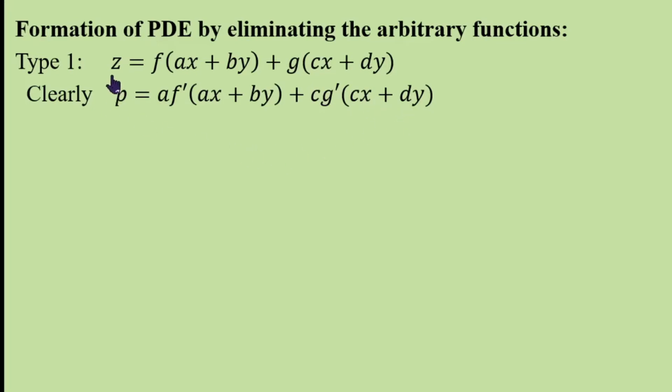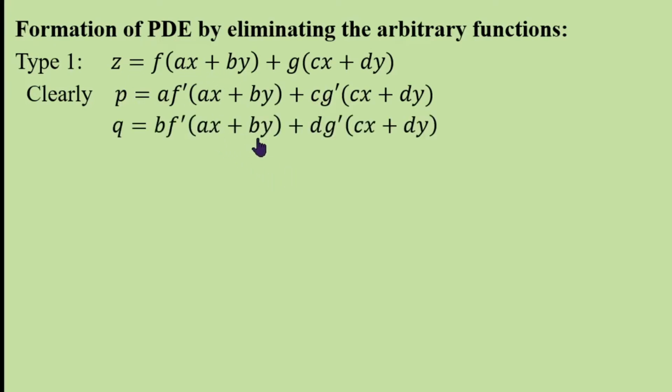And similarly, when you differentiate z partially with respect to y, q equal to b into f dash of ax plus by plus d into g dash of cx plus dy. Since there are two arbitrary functions, second order partial derivatives are required, and hence differentiate p and q with respect to x and y.